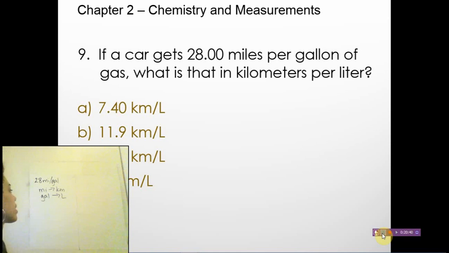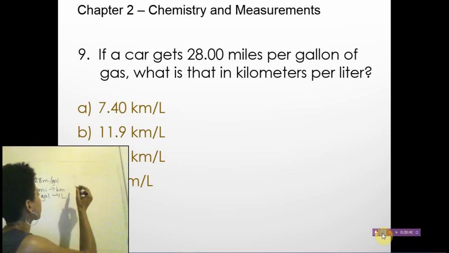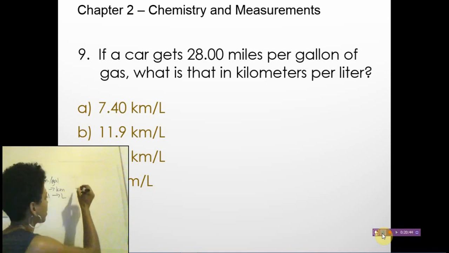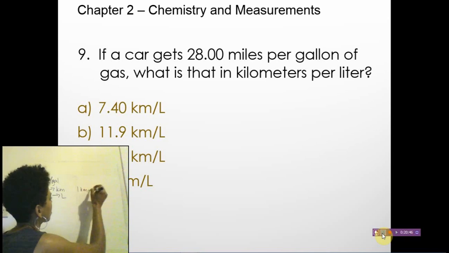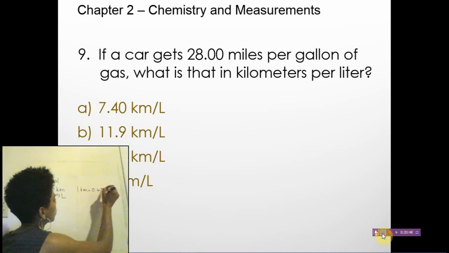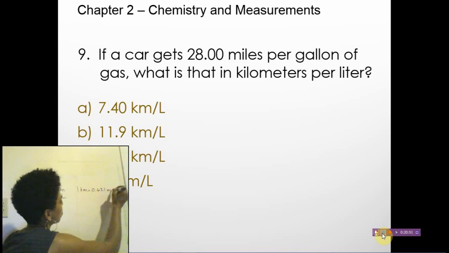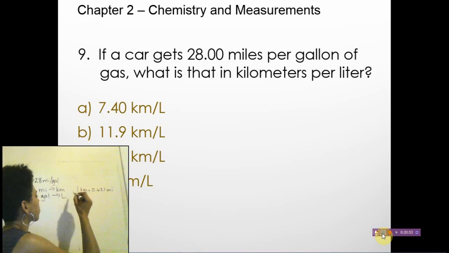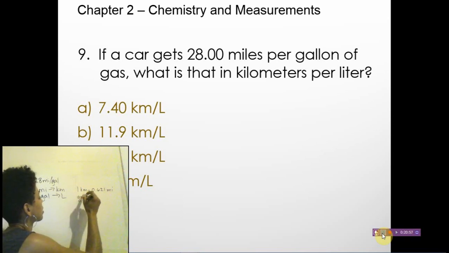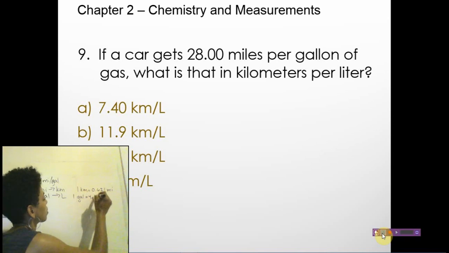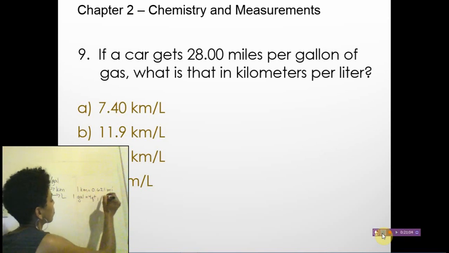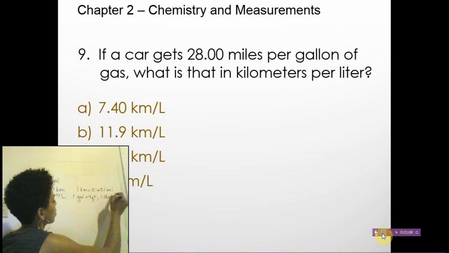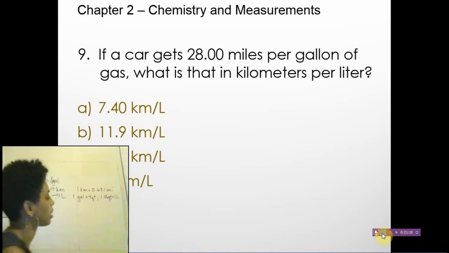We can get from miles to kilometers: 1 km is 0.621 miles. To get from gallons to liters, 1 gallon is equal to 4 quarts, and 1.06 quarts equals 1 liter.